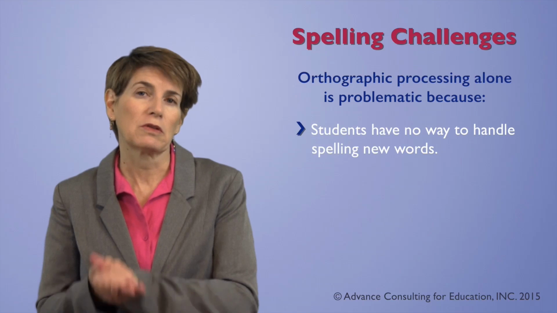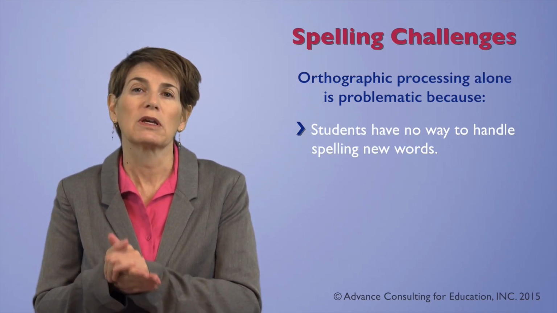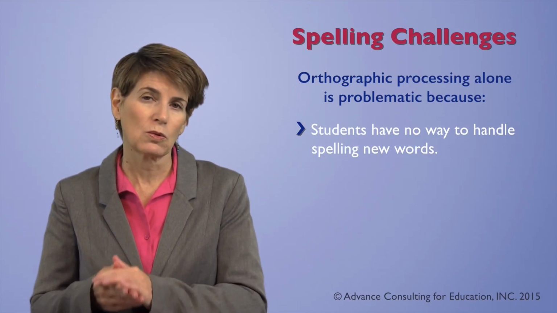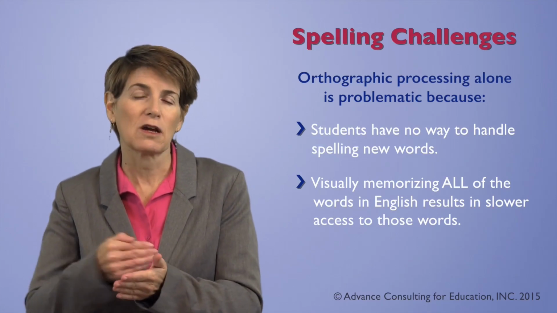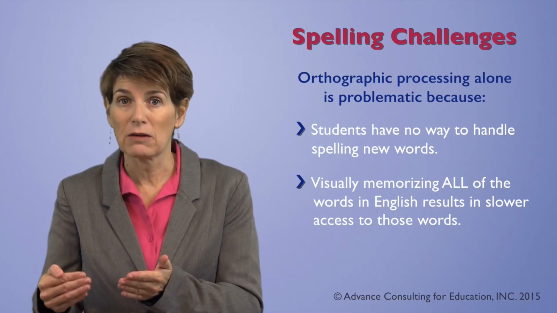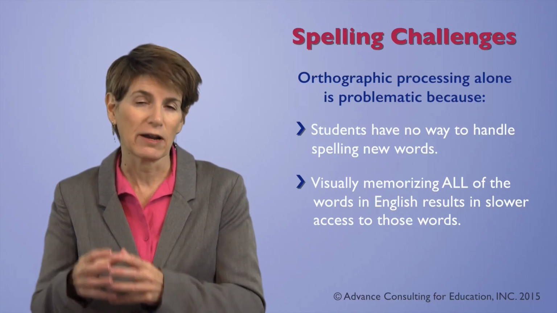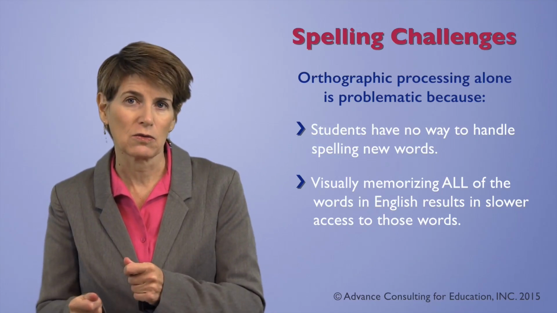Then orthographic processing is also problematic because English has literally hundreds of thousands of words in it. And if you try to store all of those hundreds of thousands of words in your brain, your access of words slows down. If you only rely on orthographic processing for high frequency words, then you're going to be very, very fast at accessing those words.